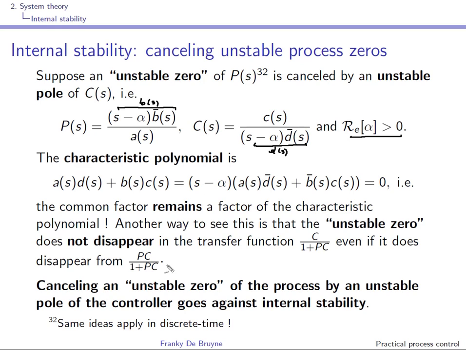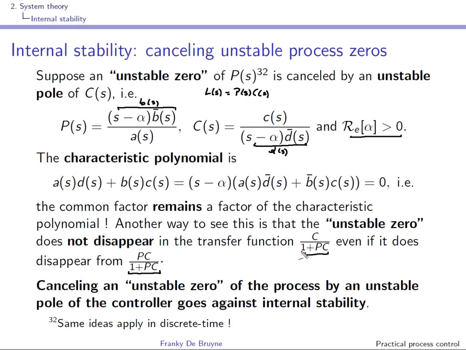As you can see, s minus alpha will disappear from this transfer function, because it will disappear from the loop gain P(s)C(s). In this transfer function only the loop gain appears, but you can already see that it will not disappear from this transfer function over here.